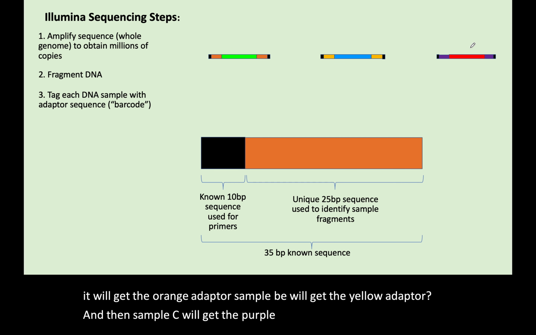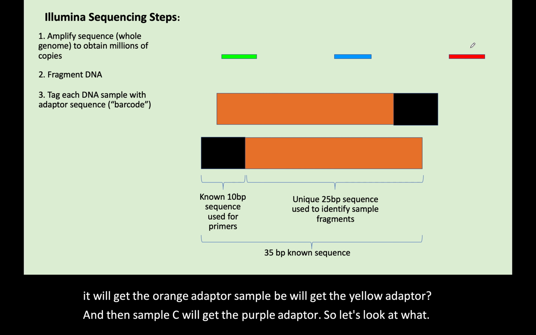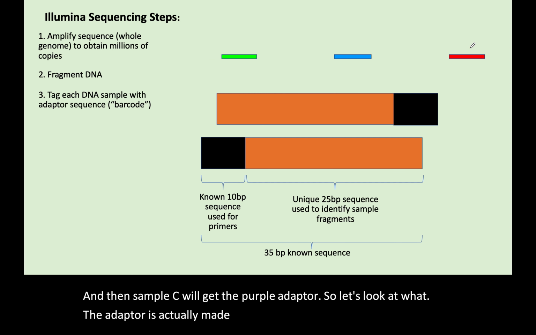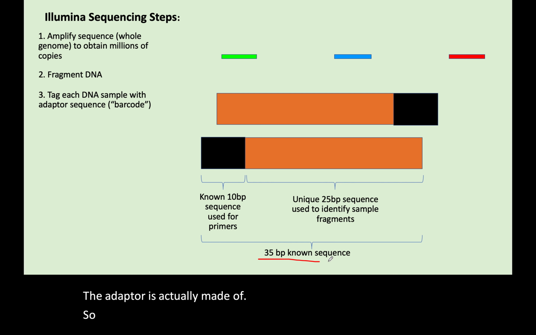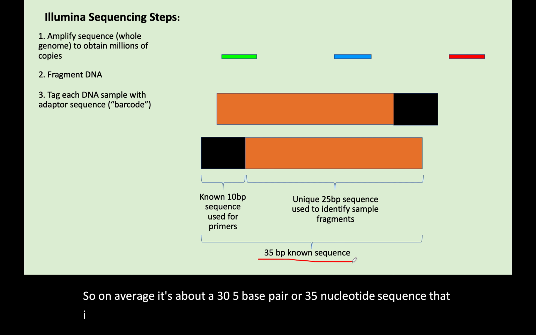So let's look at what the adapter is actually made of. On average, it's about a 35 base pair, or 35 nucleotide, sequence that I know the identity of. I know what the sequence is. I know the order of the nucleotides.